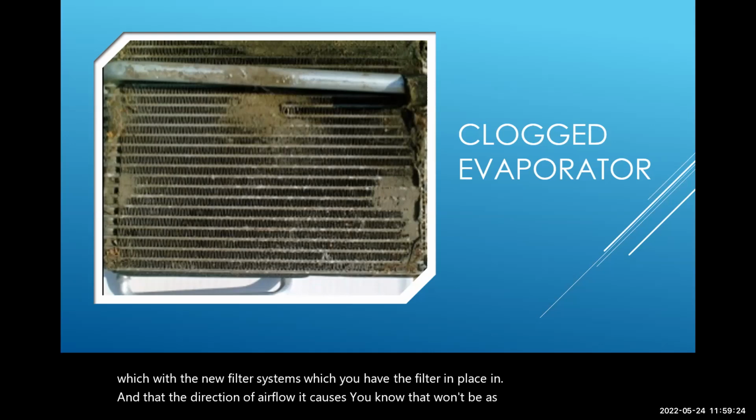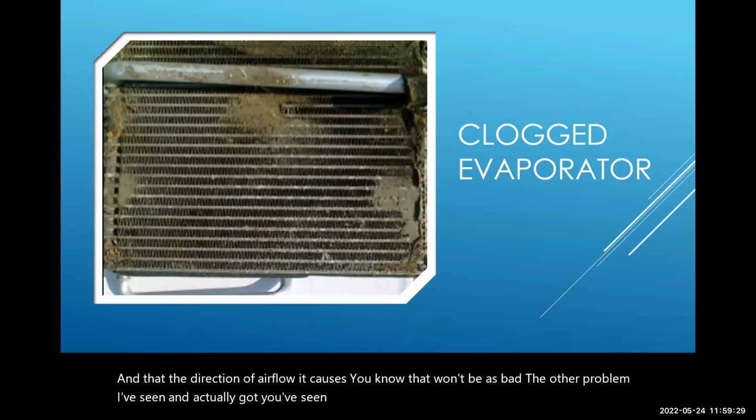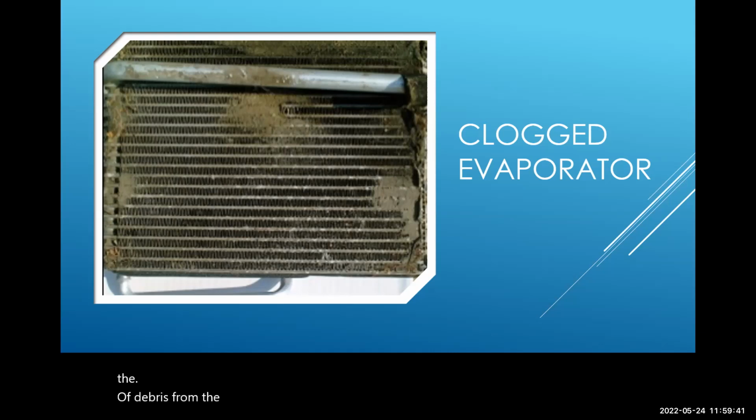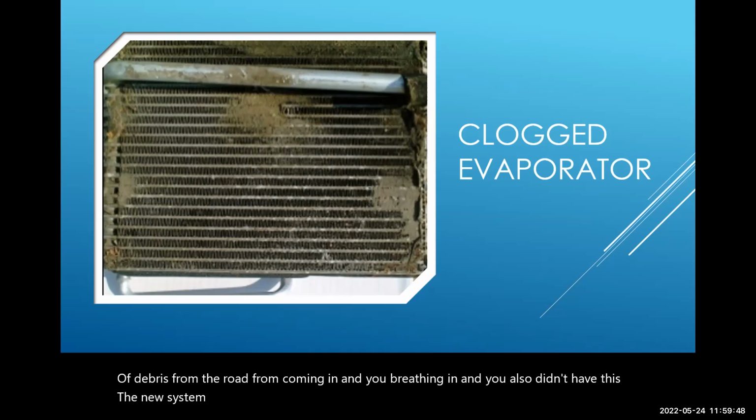The other problem I've seen, and actually I've seen it happen, let's put it that way. Some people don't know there is an extra filter that's just for the air conditioning. That filter is to keep a lot of the debris from the road from coming in and you breathing it. Your old systems didn't have this. The new systems do. So you think about it, just like the condenser, we had airflow going across that, it could get plugged up.